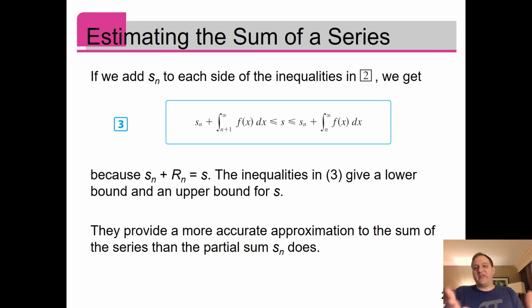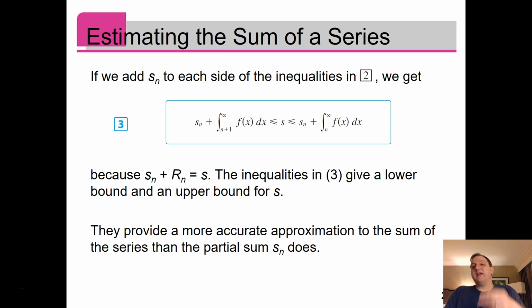All right, just the last thing, as I said before, if you add Sn to everything in that inequality, you get the sum of the series. So this lets you narrow in on what the actual sum is with both a lower bound and an upper bound. But in terms of accuracy of using the first n terms as an approximation, you really only need that upper one.